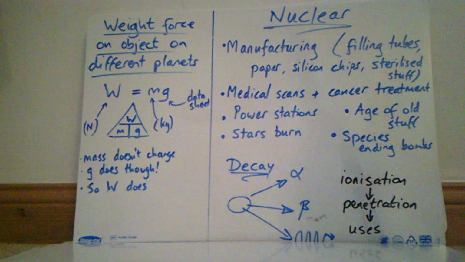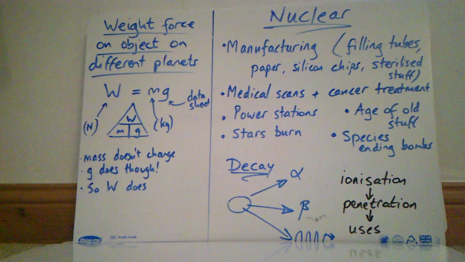Right, onto the nuclear topic. What is the point in learning about nuclear stuff? It's used in manufacturing processes like filling tubes of toothpaste and creams, and manufacturing paper and silicon chips. It's used for sterilizing things like plastic medical instruments, such as syringes which give people vaccinations, because you can't put plastic medical things in autoclaves, which are like pressure cookers, because they'll just melt.